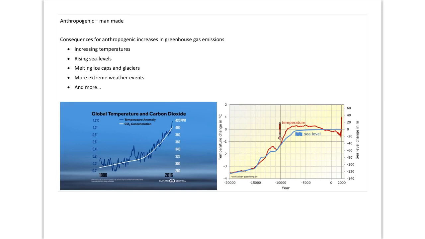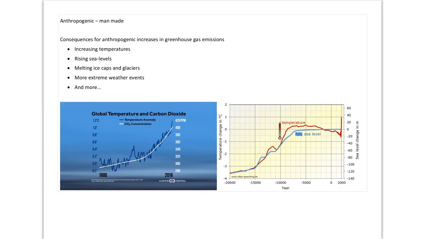Increasing temperatures due to the enhanced greenhouse effect, or the anthropogenic increases in greenhouse gas emissions, is also causing things like the melting of the polar ice caps, particularly at the Arctic, but also to an extent in the Antarctic in the south. Obviously the Arctic is in the north. It's also causing glaciers to melt in places like Greenland.